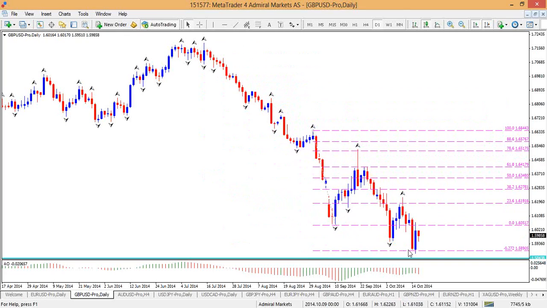Okay, we're in this fib, and we just hit the minus 272 target. So maybe that's why we had a pretty strong bounce there.